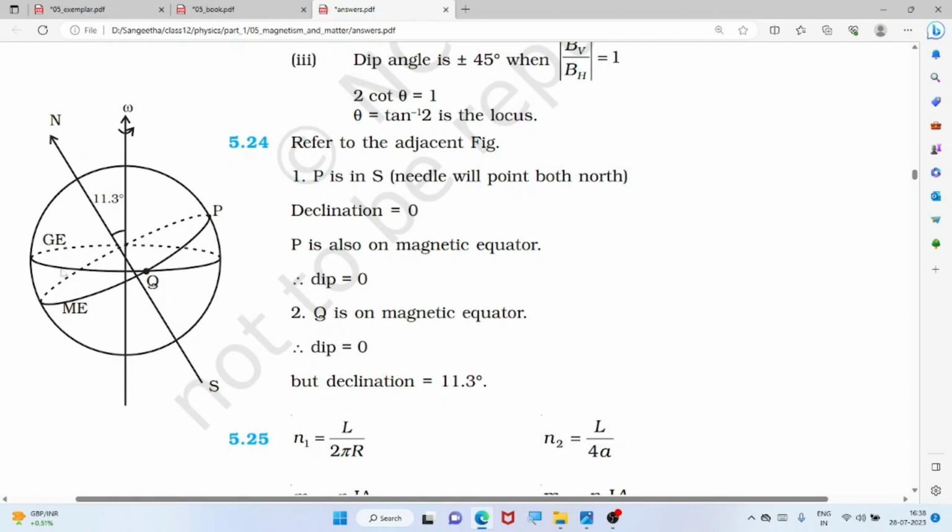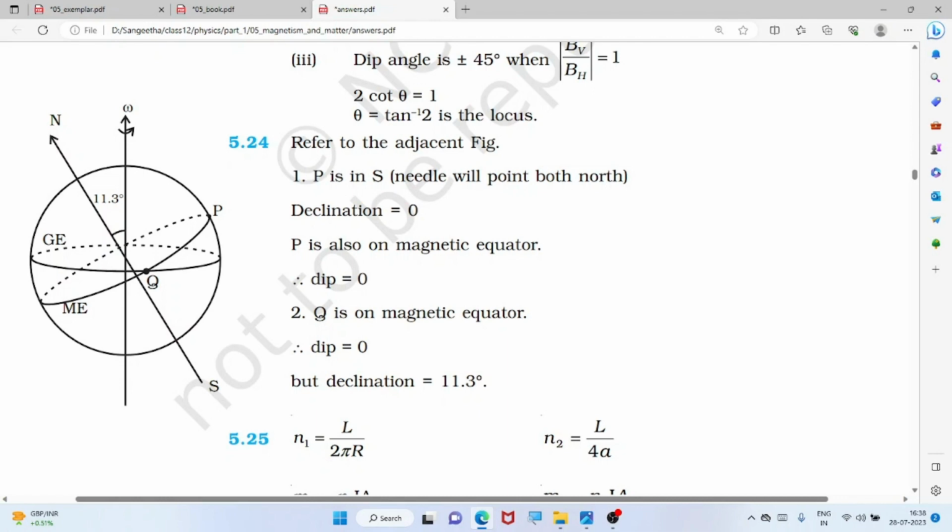Okay, this is the geographical equator, this is the magnetic equator, and the dip is 0 along the magnetic equator, at any point on the magnetic equator. So the dip will be 0 at P and Q. P dip is 0, Q dip is 0, but the declination will differ.